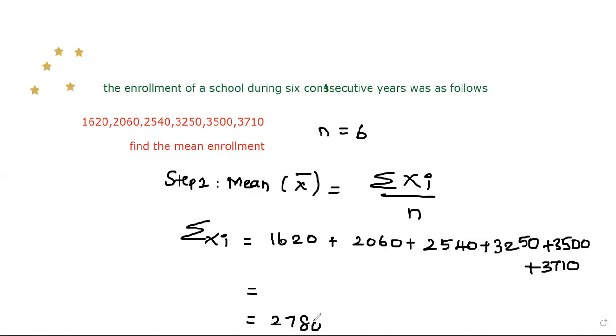Yes, you are right. But what is the sum? 16680. Yes, very good. So you have to divide this by how many pieces of information are given? 1, 2, 3, 4, 5, 6. It's 6, isn't it? So you just have to divide it by 6.